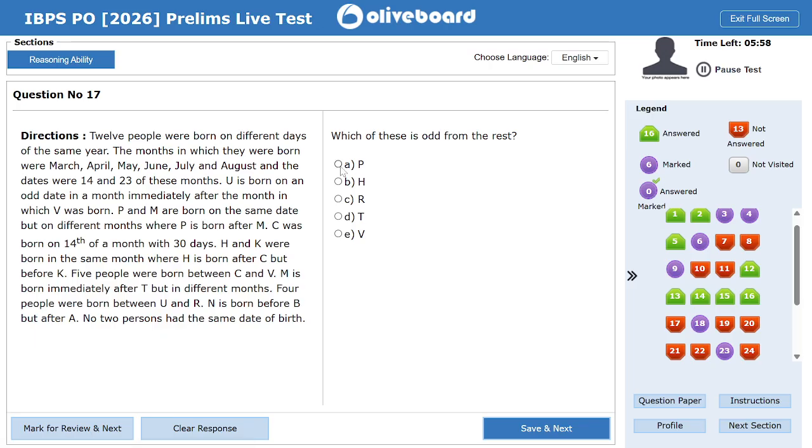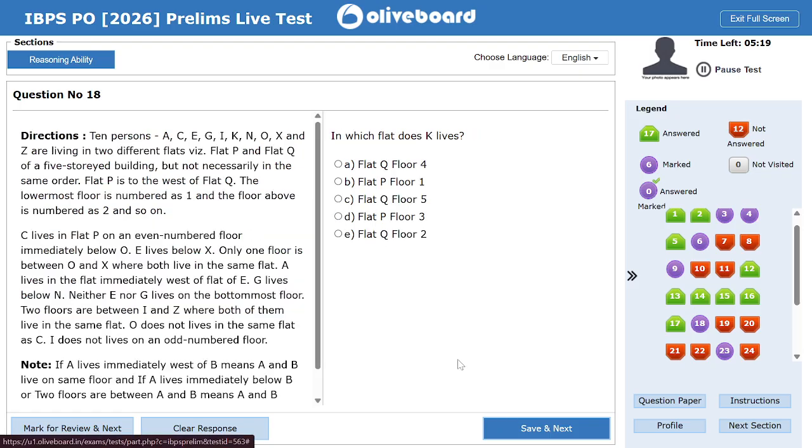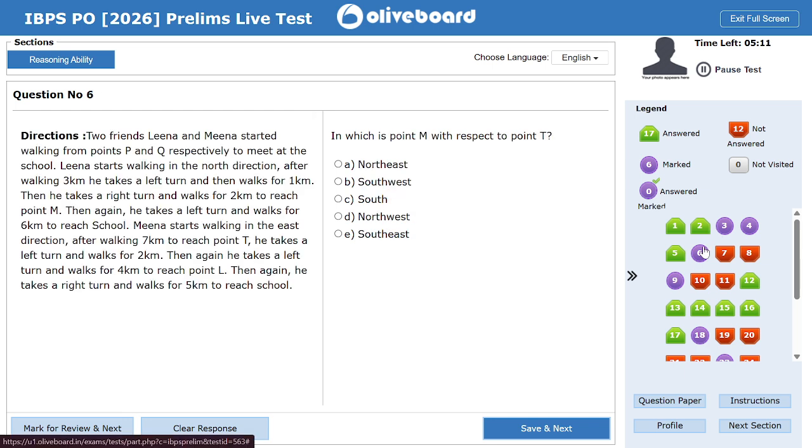Odd P H active V. P H, T R V. V P H R T. So P 14, H 14, R 14, T 23. So एक और कौन सा, ओके ये कर लेता हूँ.